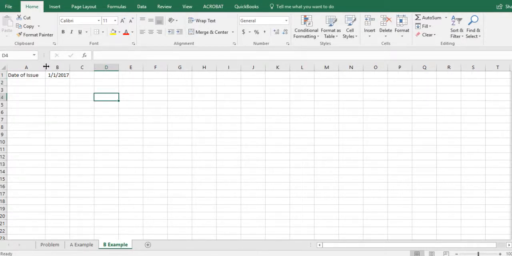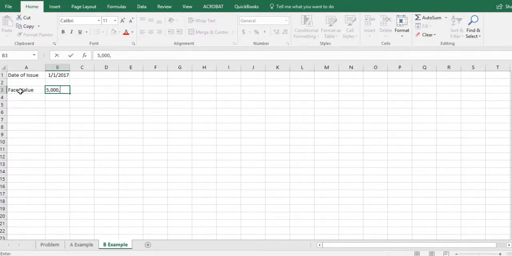Then we are going to look and see. So face value, the amount that was borrowed, is $5 million. It is zero interest bearing.